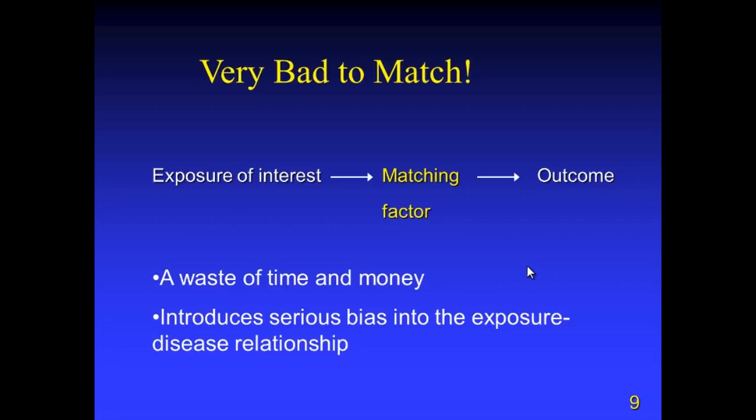Going back to an example we've used before, if you were interested in the relationship between alcohol and heart disease, and you were to match on HDL level, high density lipoprotein cholesterol level, which we know is an intermediate factor between alcohol and heart disease, then you would be seriously biasing the relationship, effectively largely removing the association between alcohol and heart disease. So definitely you would not want to do this, apart from being a very large waste of time and money.